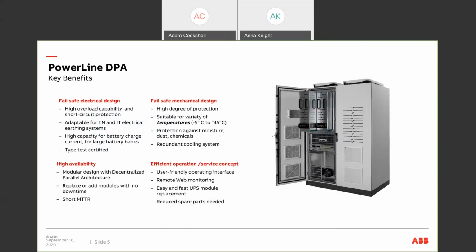There are options, which I'll get to later in the presentation, with what we can look at as far as added redundancy as well. We have type test certifications for multiple industries, and we can go into that either offline or later if that is something that you would like to do. The standard enclosure is an IP31 enclosure. We can upgrade this as an option to IP42.